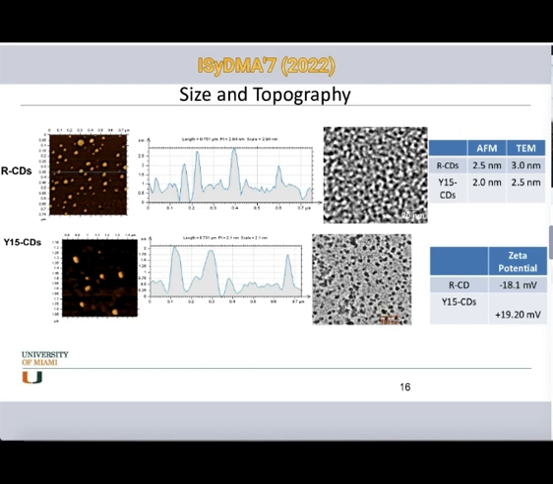For the zeta potential, Y15 has a positive value of plus 19, but for the red one we got a negative value, minus 18. The one with plus 19 is used in phototherapy, because we can introduce these carbon dots into the cell line.